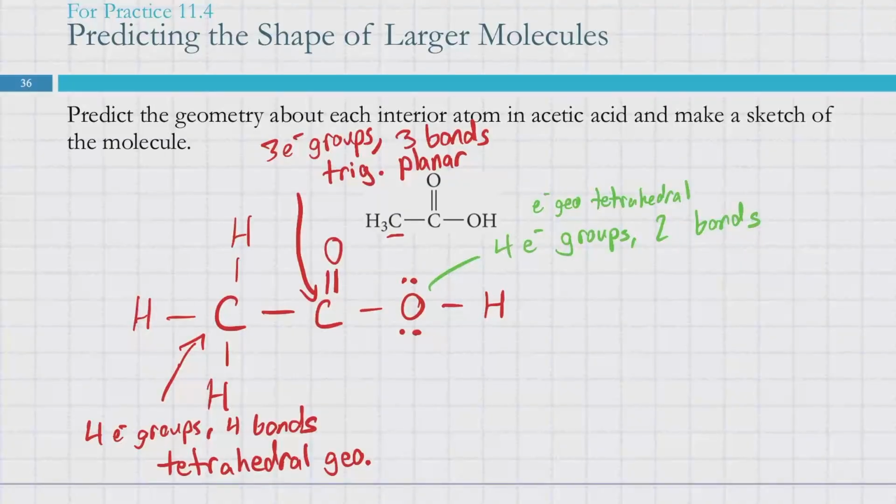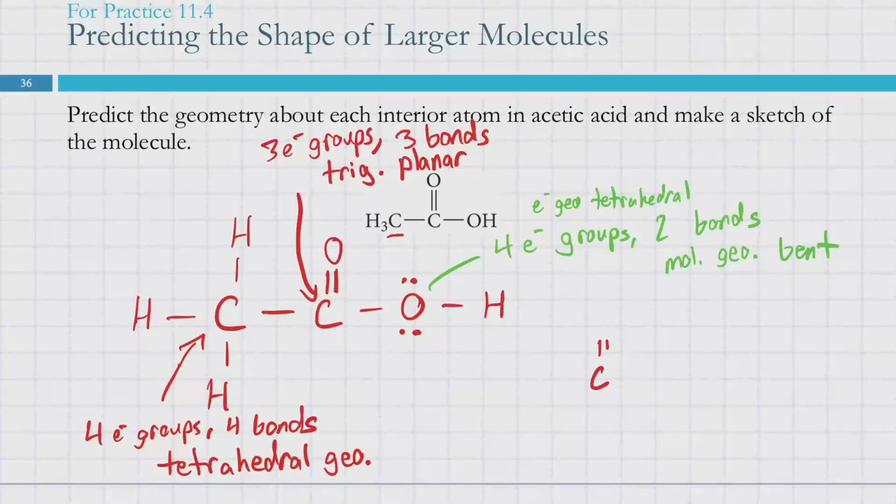The electron pairs, the lone pairs, are pushing away the other 2 groups, squishing them, making them bent. So our molecular geometry would be bent.